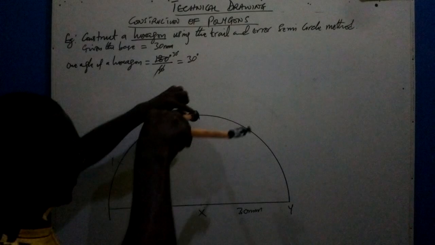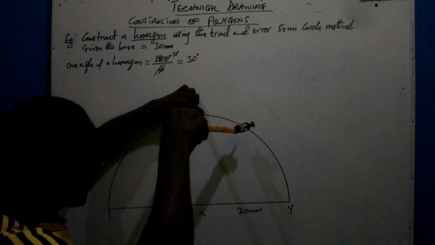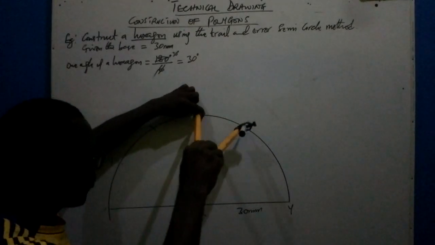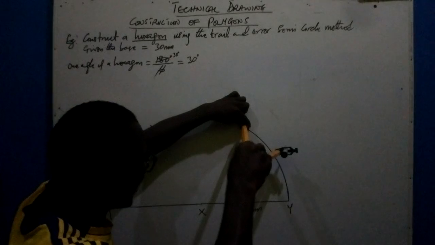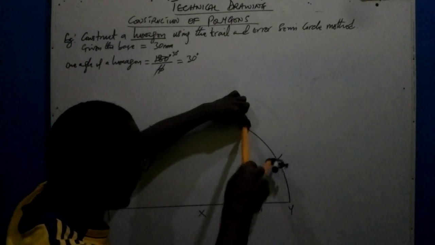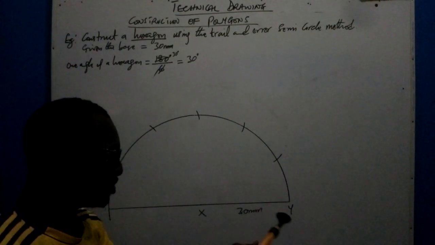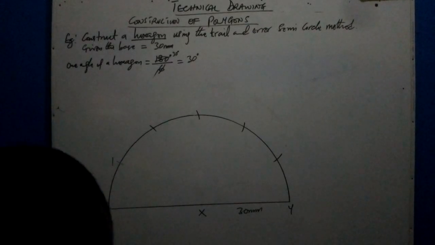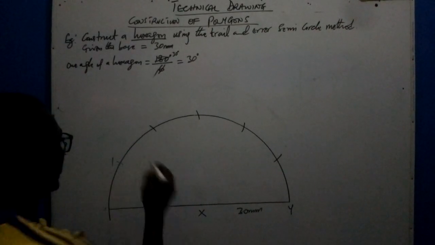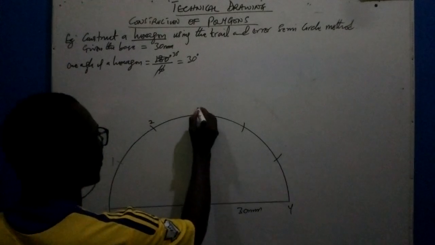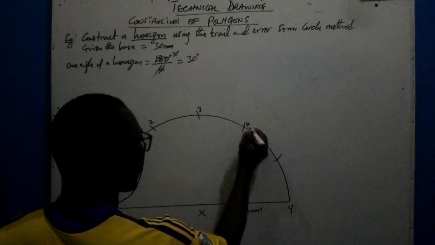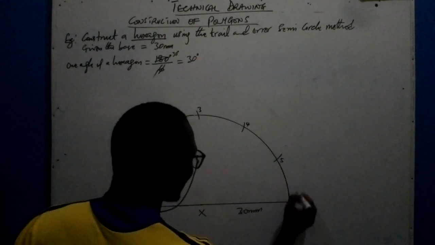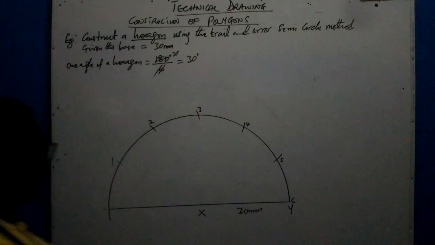From 3, I get my 4. From 4, I get my 5. And the last one will be the 6, which is telling you we have gotten our 6 sides, which is 1, 2, 3, 4, 5, and 6.